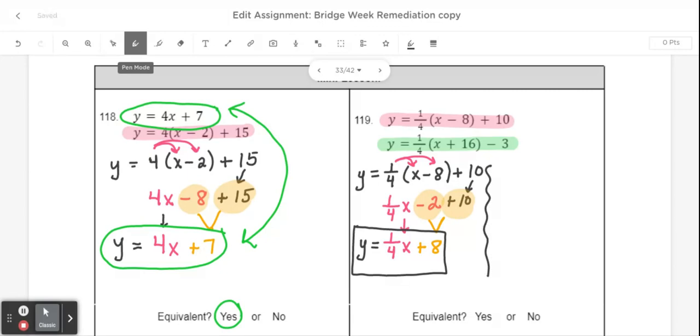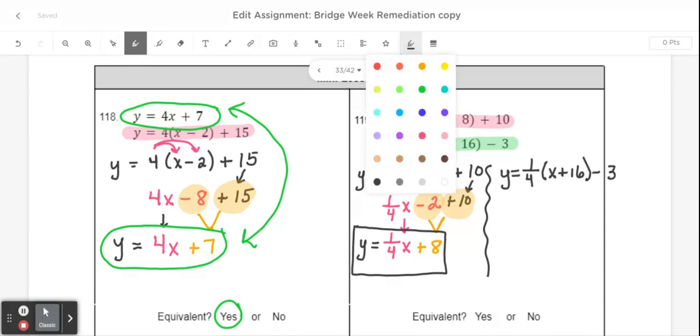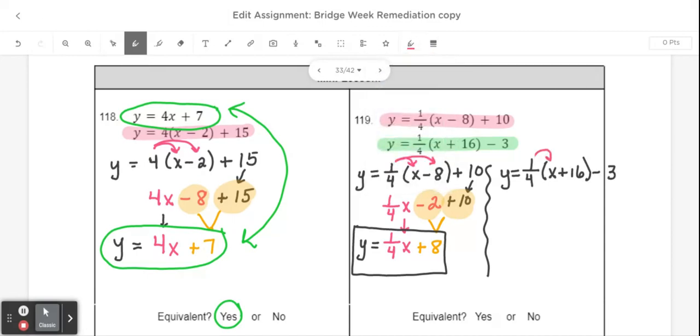So the second equation, when I copy it down, would be y equals 1/4 parentheses x plus 16 minus 3. Once again, my first step here would be to distribute. And when I distribute, I get 1/4 x plus 4. And then I'm going to bring down the -3.